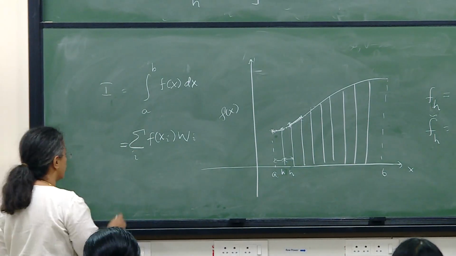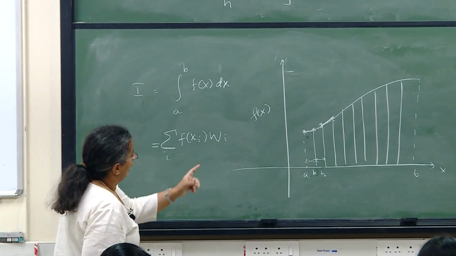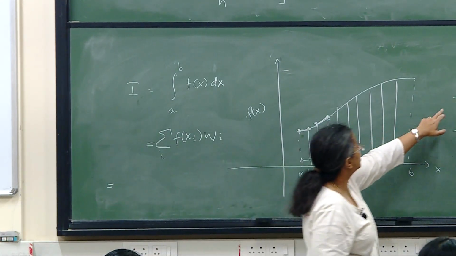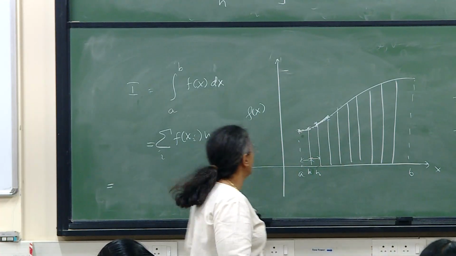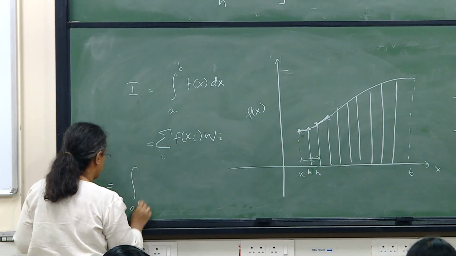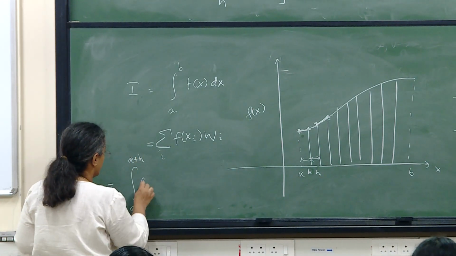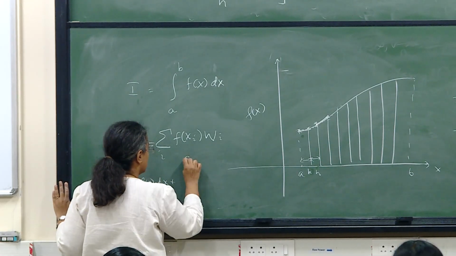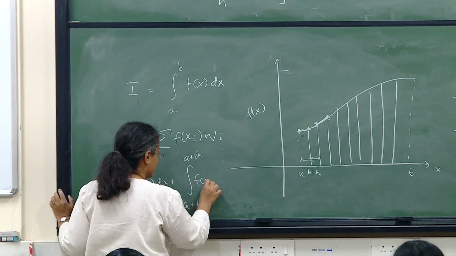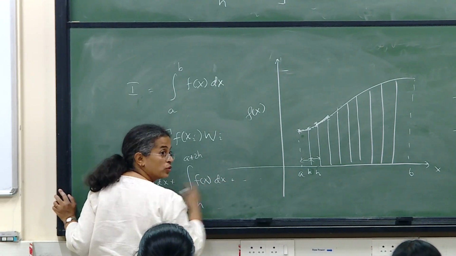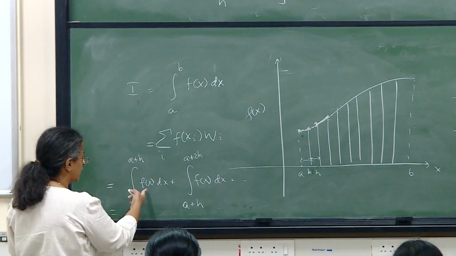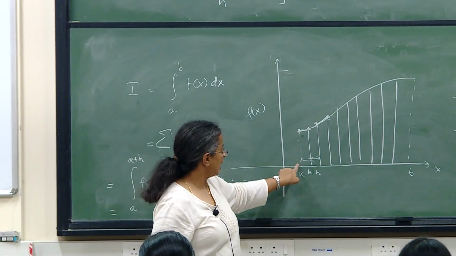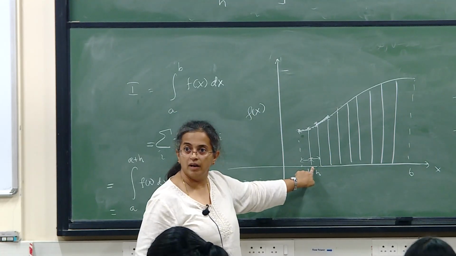Now let me take the first case where I take this function to be a constant. Between a and a plus h, I have the integral of f of x dx, plus from a plus h to a plus 2h, I have again f of x dx. This is what I am going to do, right? Integrated. So here, this is a rectangle. Rectangle's area is height into width.